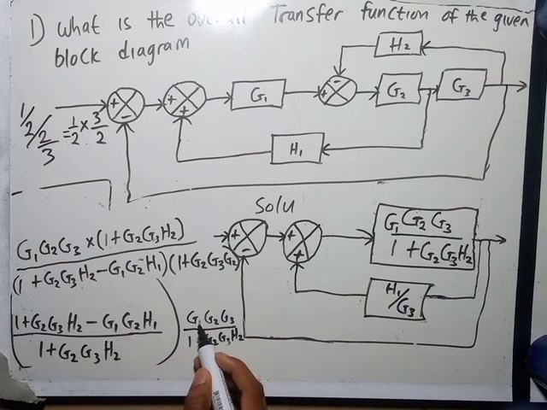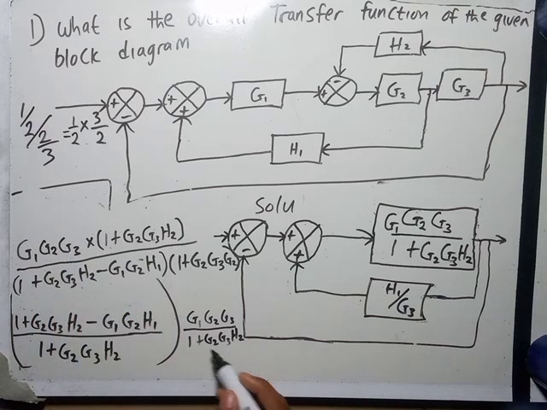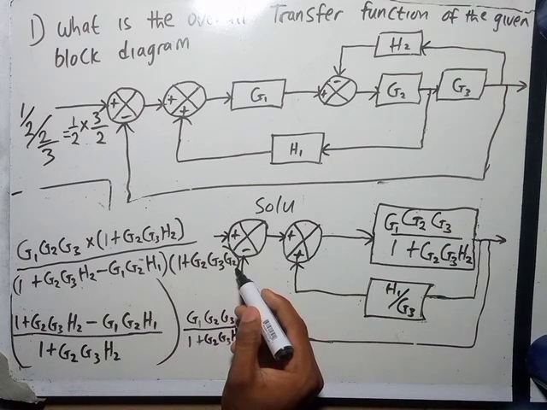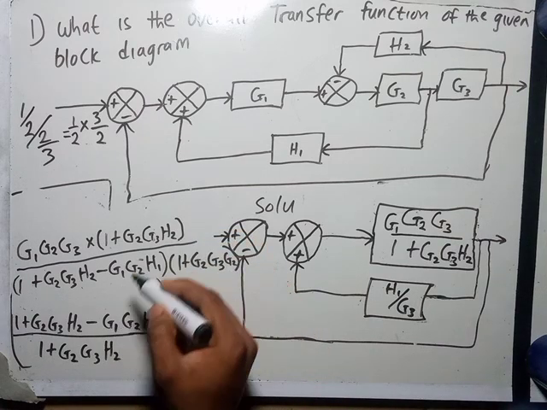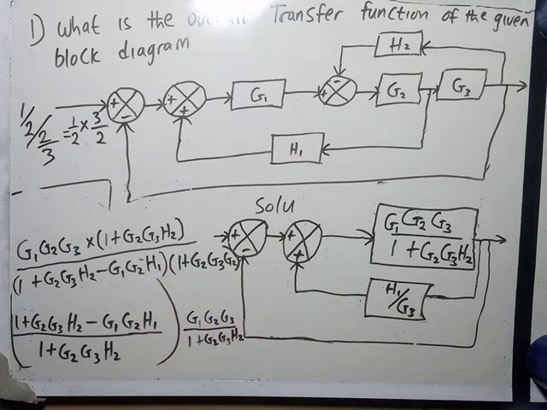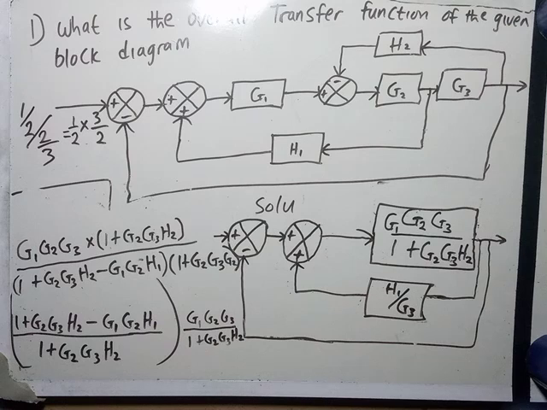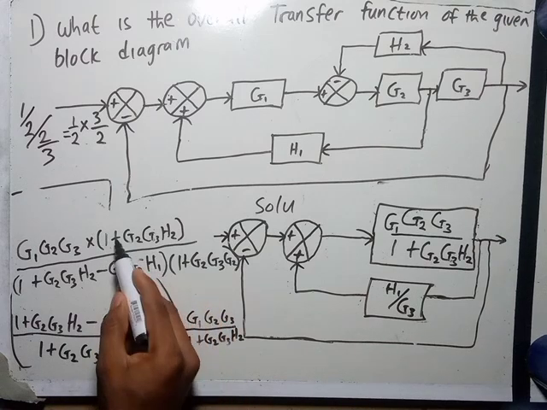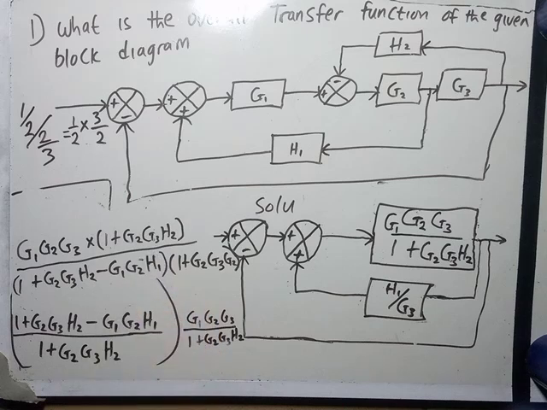So we are having G1 G2 G3 over this, multiplied by this guy will now be on top and this guy will now be below. And from what we are seeing here, this and this are the same. 1 plus G2 G3.